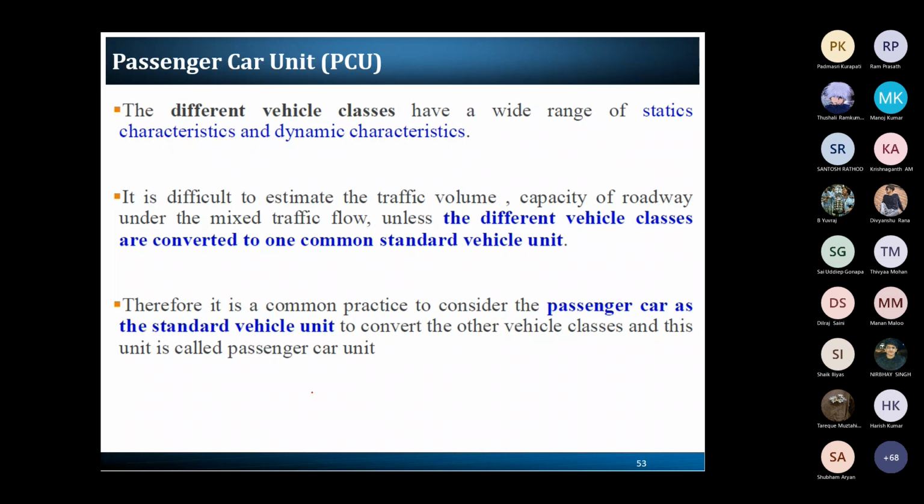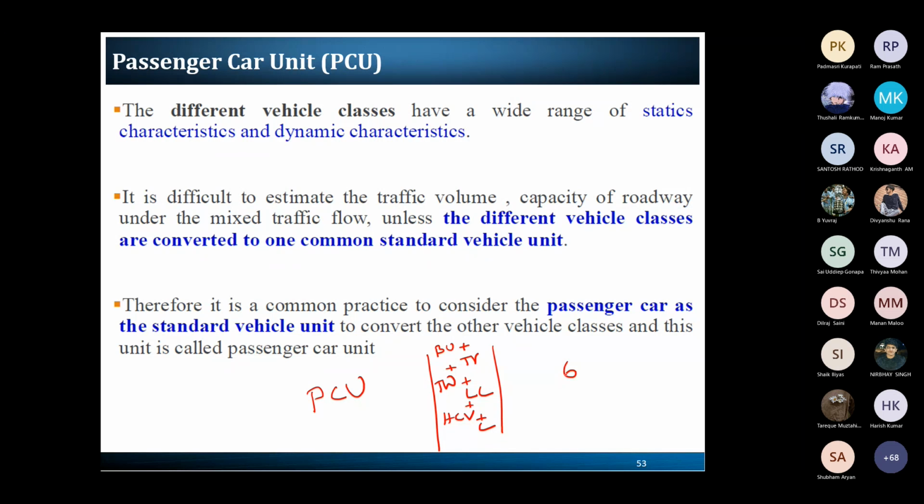So what is that PCU? For the understanding, on the road we can see the bus, truck, two-wheeler, LCV, HCV, the car, different kinds of vehicle types. If we want to estimate the traffic volume of that particular road, we cannot add all the vehicles together. Say for example 2, 4, 6 is there.